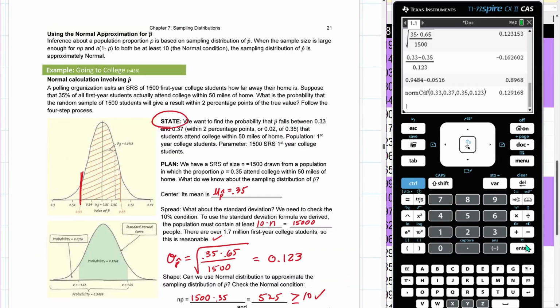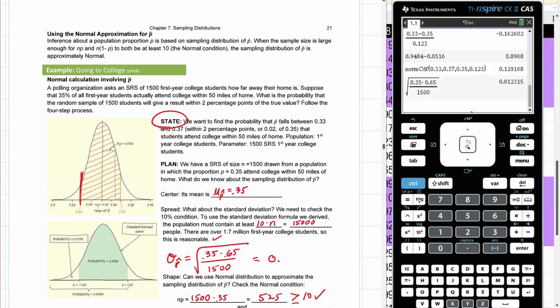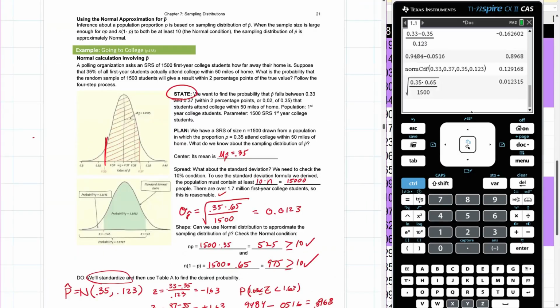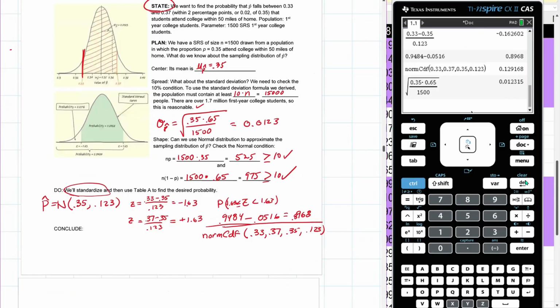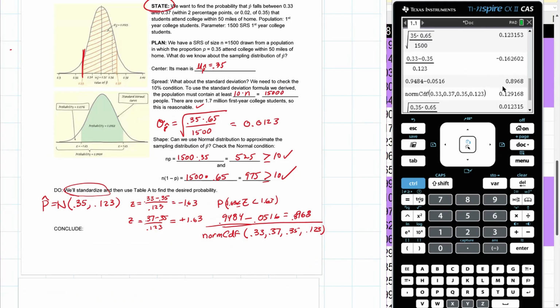Silly me. Okay, let's go back up to the calculator. You probably noticed it, and I didn't even notice it because that's supposed to be 0.35, making this standard deviation 0.0123. All right. And oh, I even wrote down the wrong Z values too. Okay.